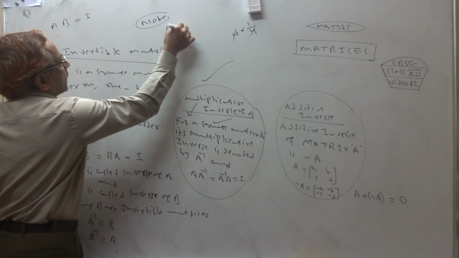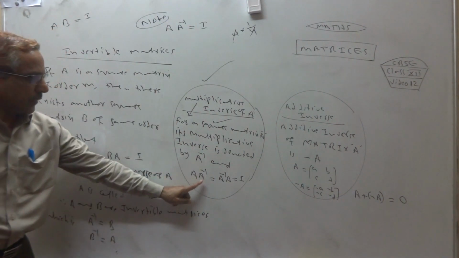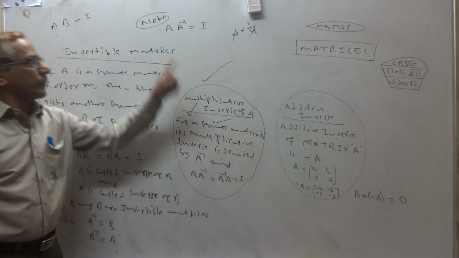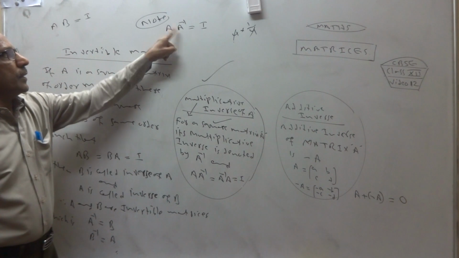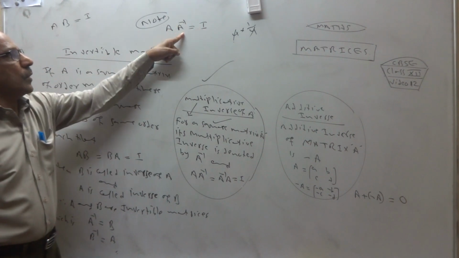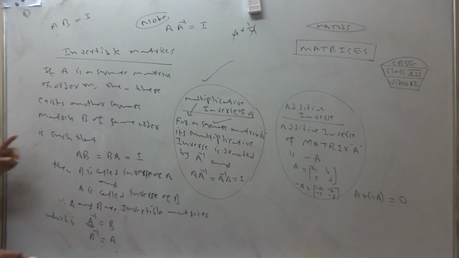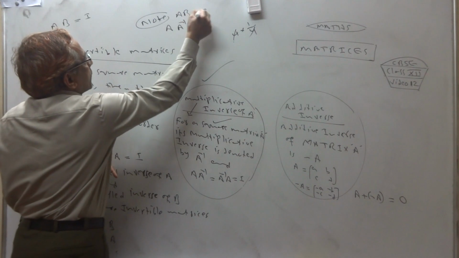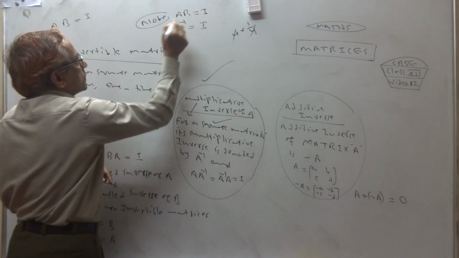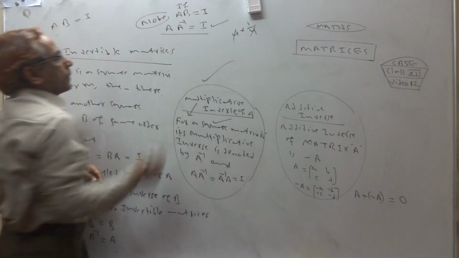Whenever you multiply A and A inverse, what you get? I. A into A inverse is I. Like that, if AB is equal to I, then B is called A inverse. That's why, AB is I, but B is A inverse, so A into A inverse is I.